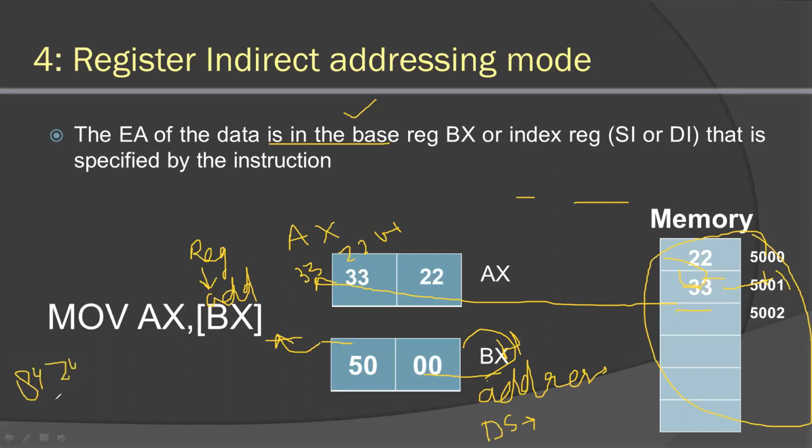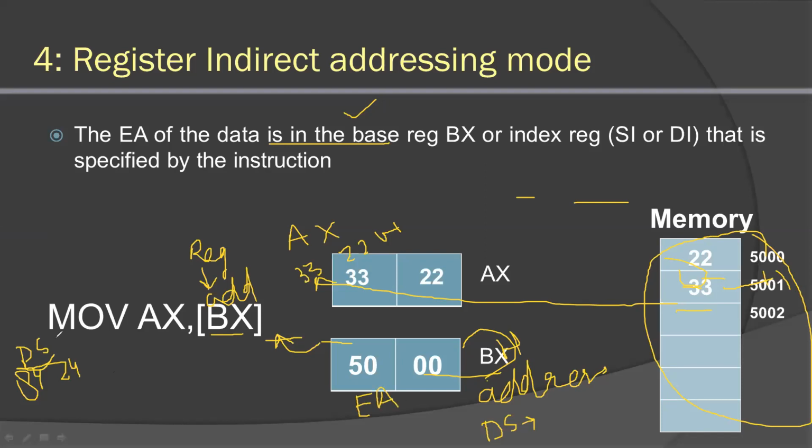So what will be the physical address? Can anyone calculate? This is the value of the segment register. We either need to assume it, or it will be given in the problem. And this is the value of the effective address, which is stored in the BX register.